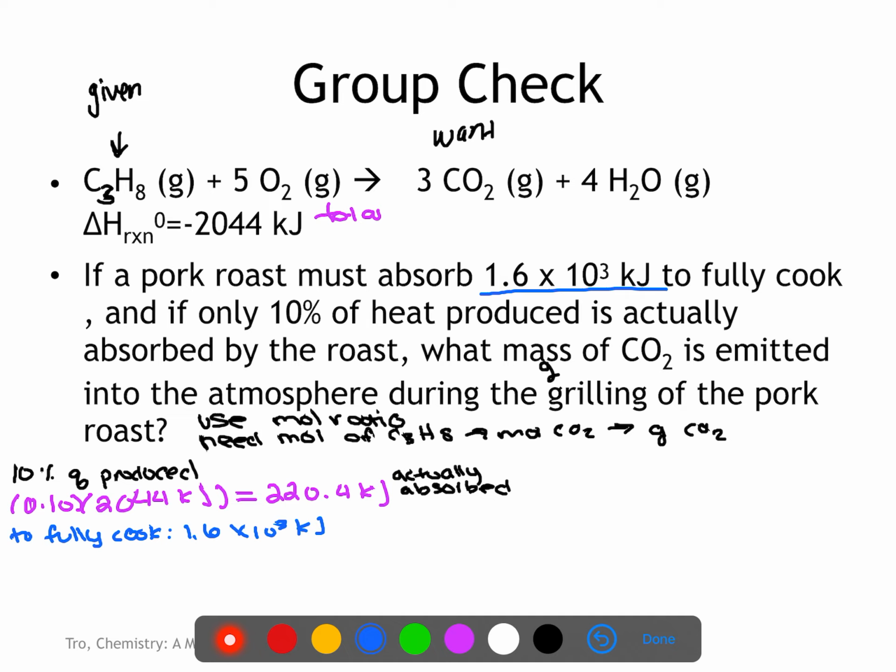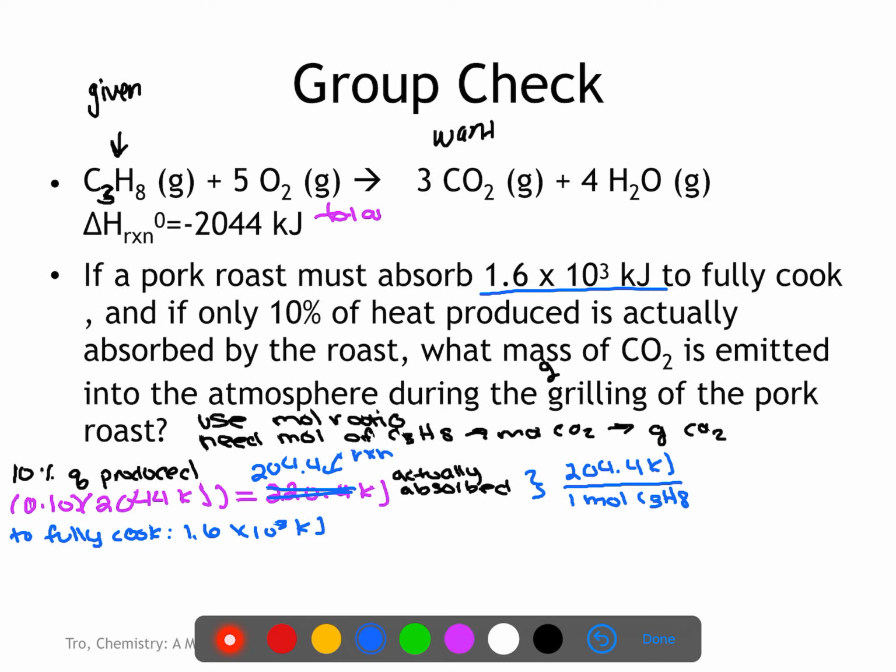So to get the moles now, we want to isolate. Now since this came from the reaction, this is also written as 204.4 kilojoules over the amount of moles of propane, which is only 1.